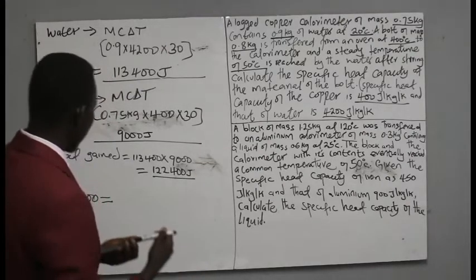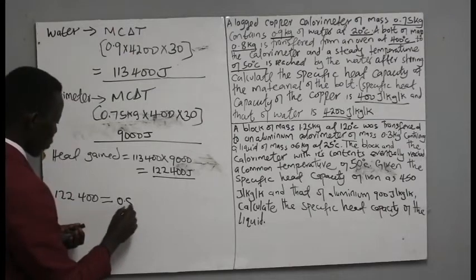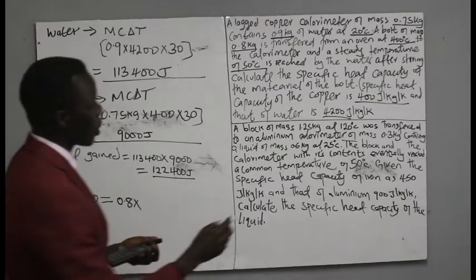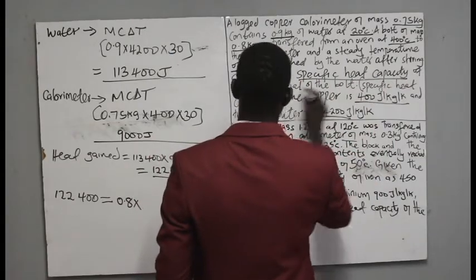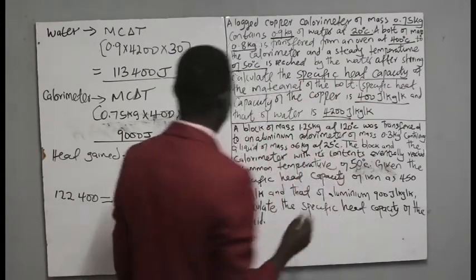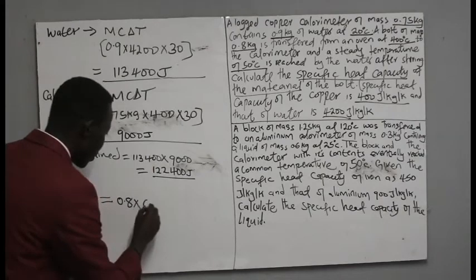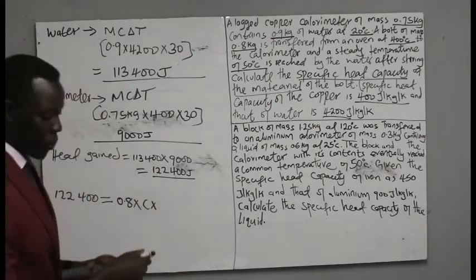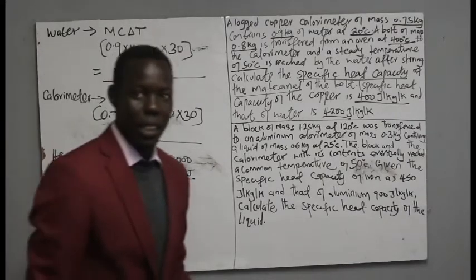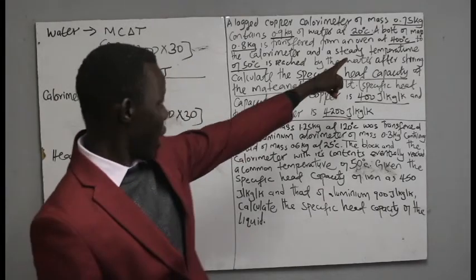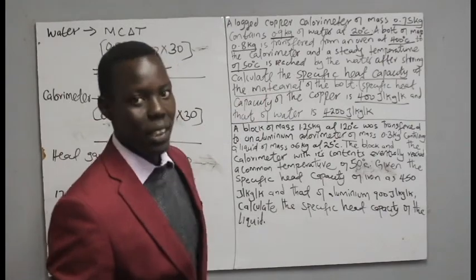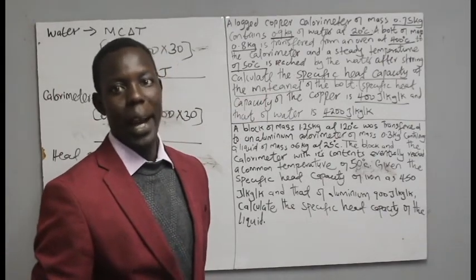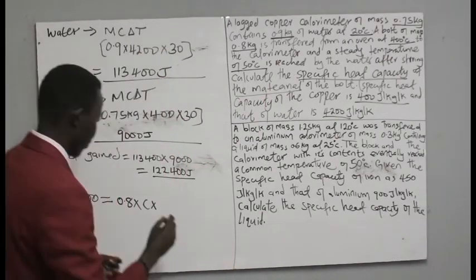A bolt of mass 0.8 kilogram, times C, the specific heat capacity the bolt is made of, times change in temperature. What is the change in temperature? From 400 degrees Celsius to 50 degrees Celsius, it dropped in temperature by 350 Kelvin.